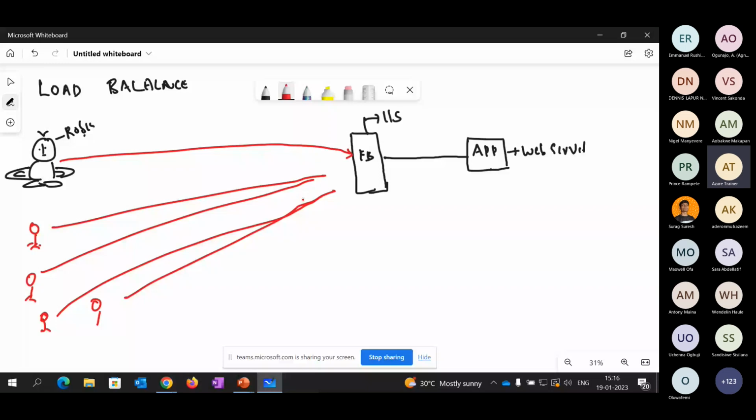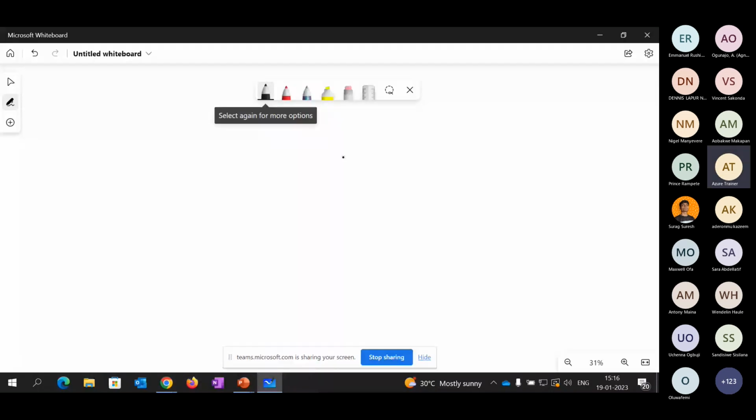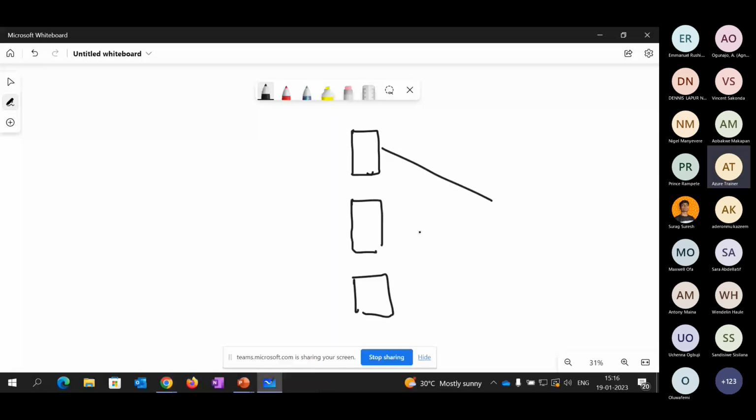Now for avoiding this kind of scenario in an organization, we will be using the concept of load balancers. It means instead of the same server, you will be implementing multiple servers in the backend, where your application is running.